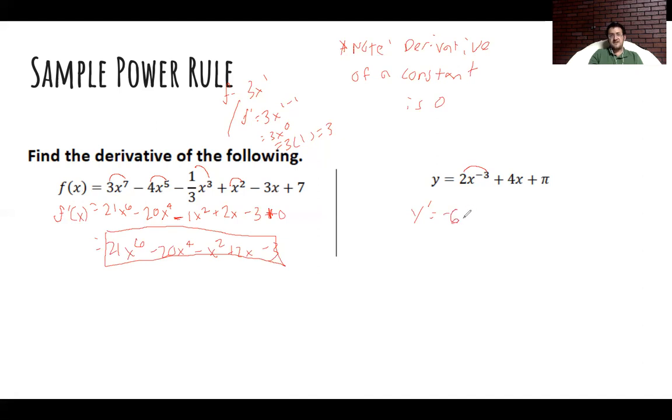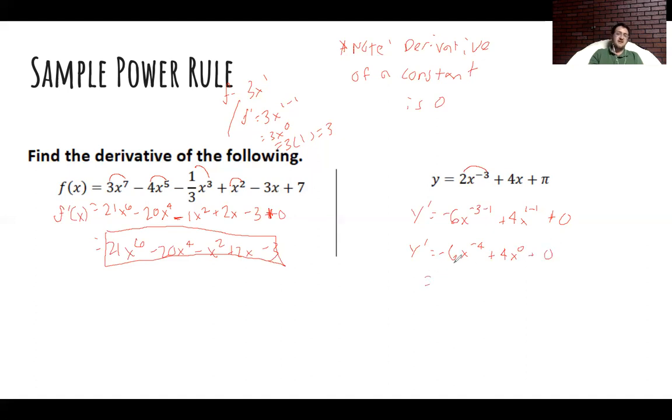This is going to be negative 6x, and I'm actually just going to write it out. And then remember, pi is a constant, so that part's going to be 0. So this is going to be negative 6, x to the negative 4th, plus 4x to the 0th, plus 0.